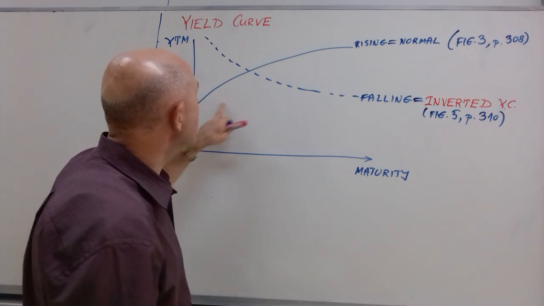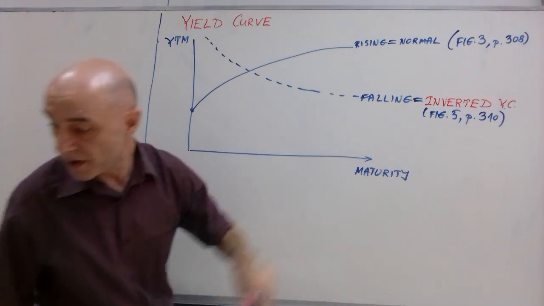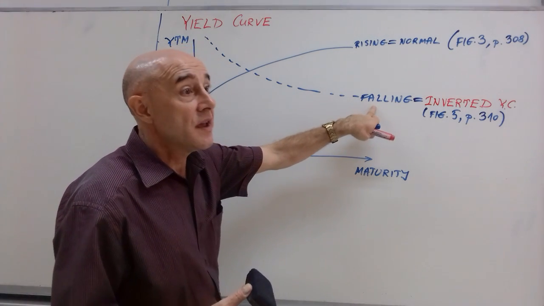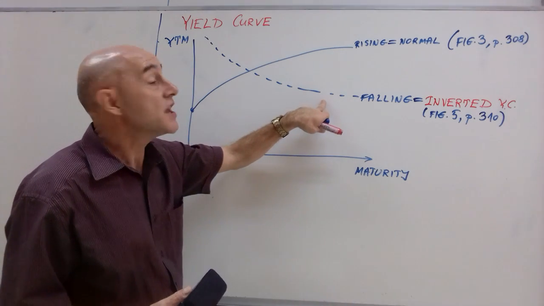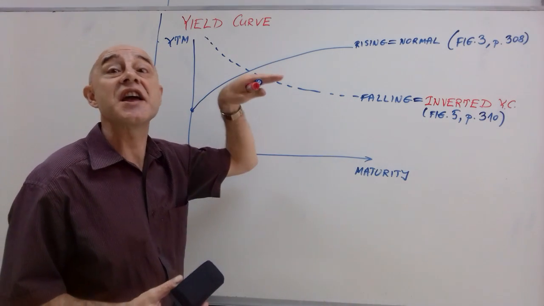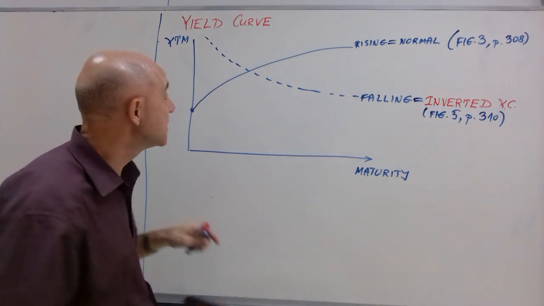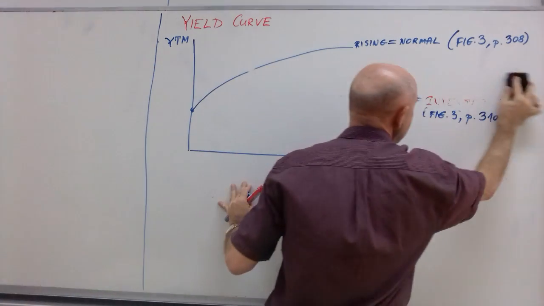Now, why would the rising be normal? Two things. Here, it's falling because in a recession there is an expectation for falling interest rates. So let me do this a little bit again.